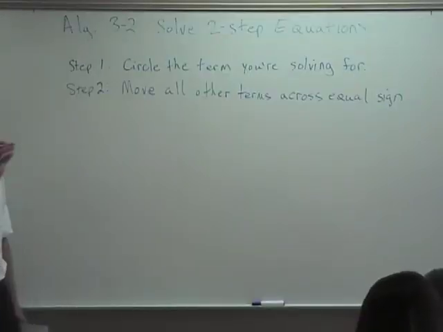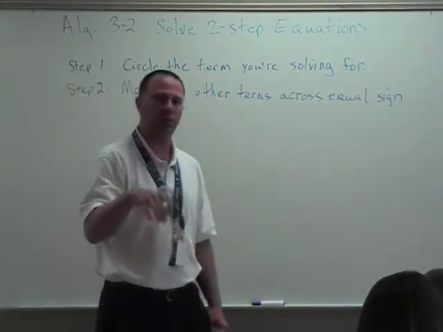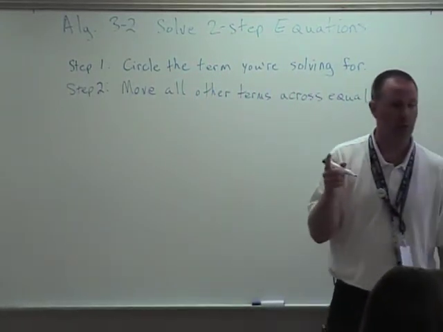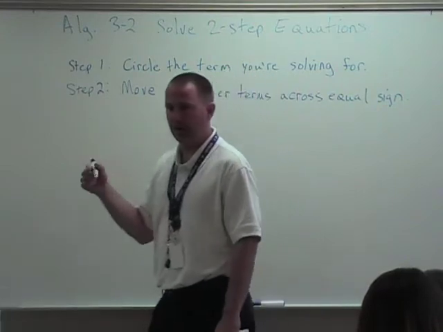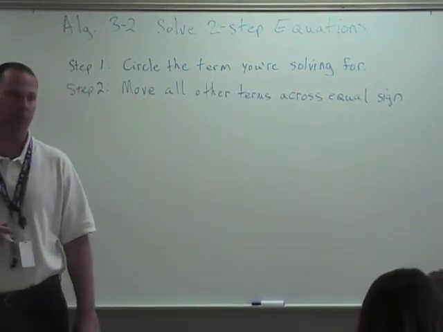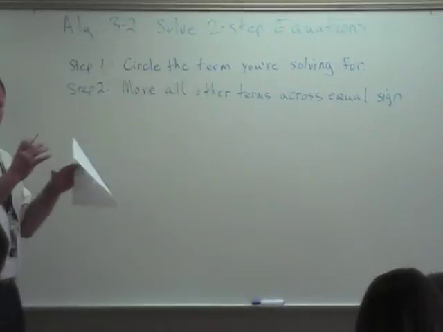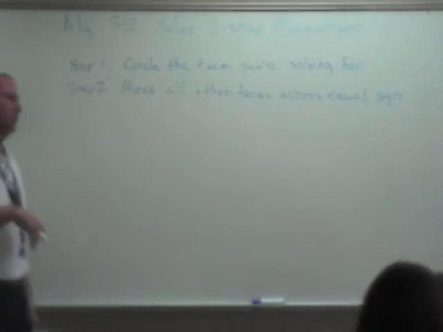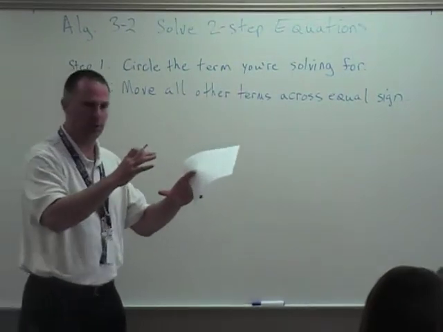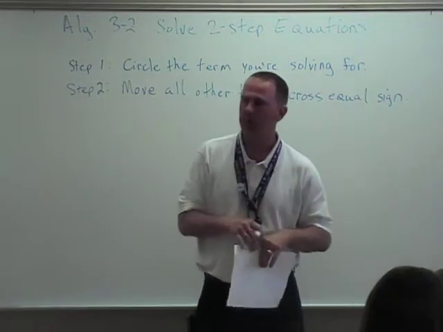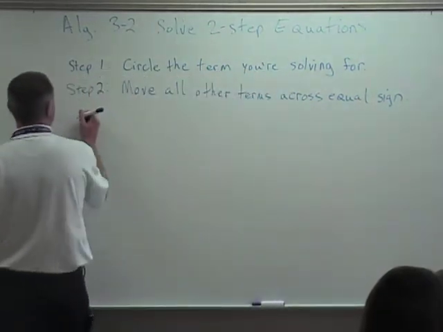If you're moving the whole term, the only way you can move it is by adding or subtracting it. That's rule number one from yesterday. Add or subtract anything. It can be a combination of things. You can even add and subtract a grouping, like 2x, or a quantity of x plus 8, as long as you're moving it as a group.